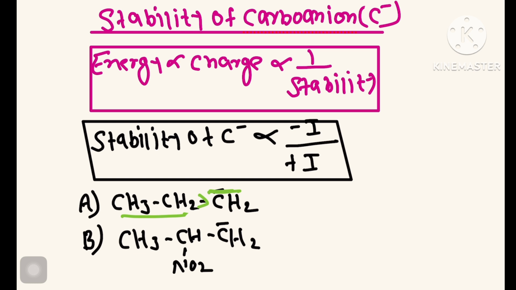Here I told you this is minus I group. So due to minus I group, withdrawing electron, here you can say negative charge decreases. Just think, negative charge decreases. So stability increases. So which one is more stable? B is more stable than A.